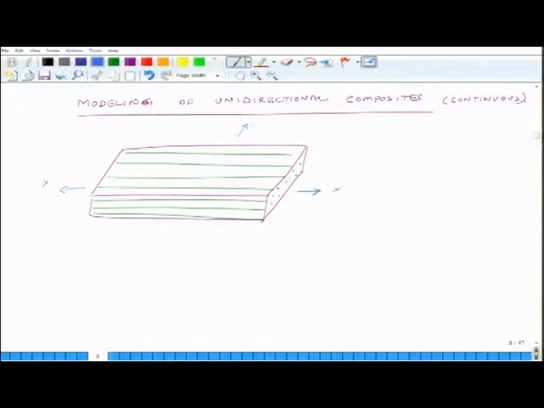If I pull it in y, it will have some other stiffness. If I pull it in z, then it may have different stiffness. So, it will have different properties in different directions.